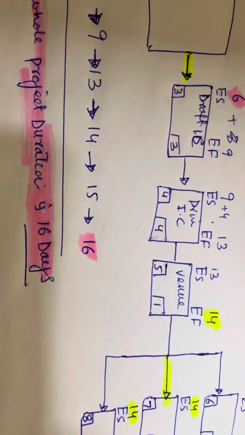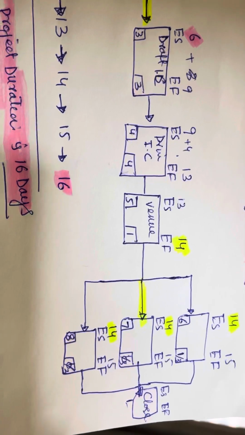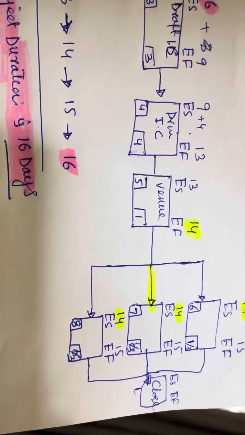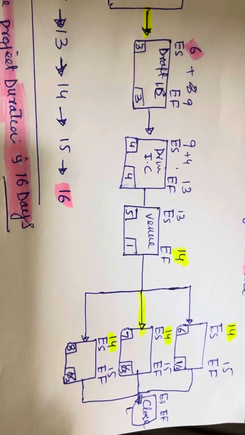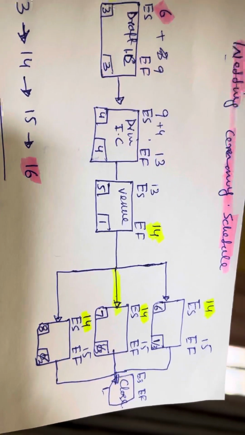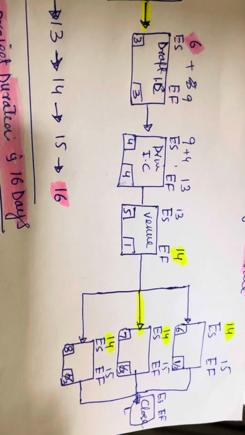So on day 15 of the project, you can start this activity, and then all these go to this 15 day of the last activity. So this latest start of the last activity will be the latest finish of all these three activities.